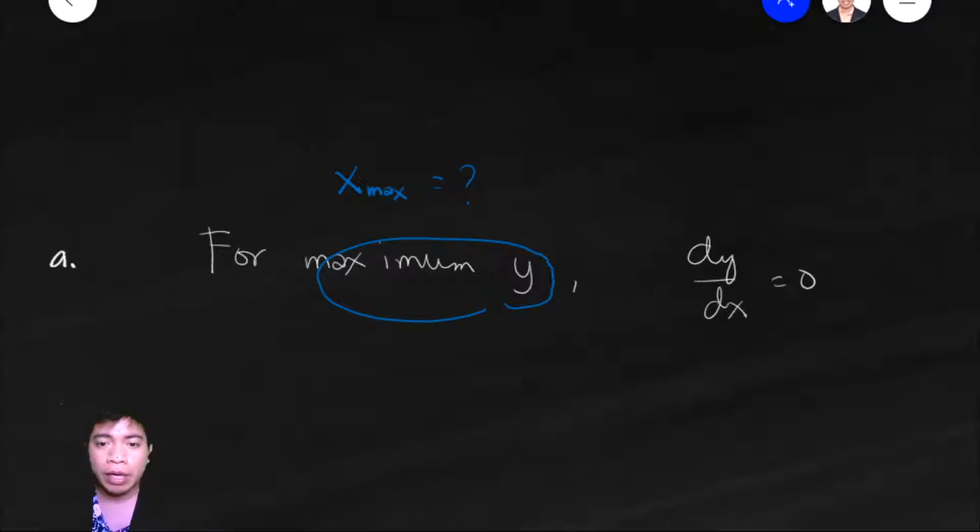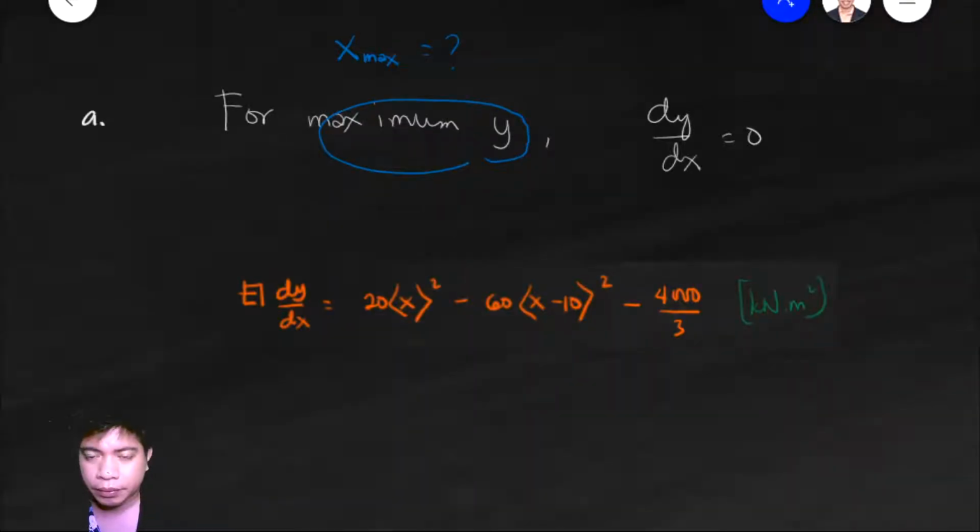Okay? So, tingnan natin yung ating slope. Okay. So, una is i-assume muna natin guys. Okay, so ito yung ating slope equation guys, no? Let us first assume na yung ating maximum deflection is located sa segment AB. So that is, i-assume natin na yung ating X max is less than or equal to 10 meters.